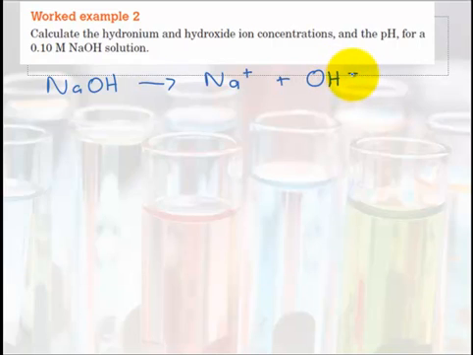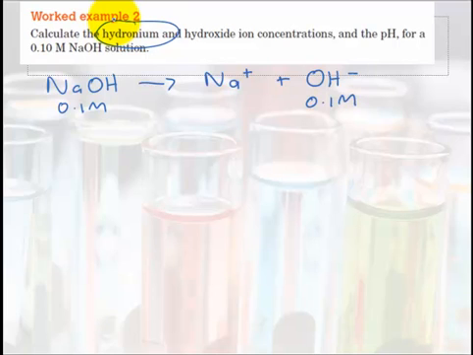So you can see from this now that 0.1 molar of sodium hydroxide will create 0.1 molar of hydroxide ion concentration. So we've worked out the hydroxide ion concentration. Now we need to work out the hydronium ion concentration.